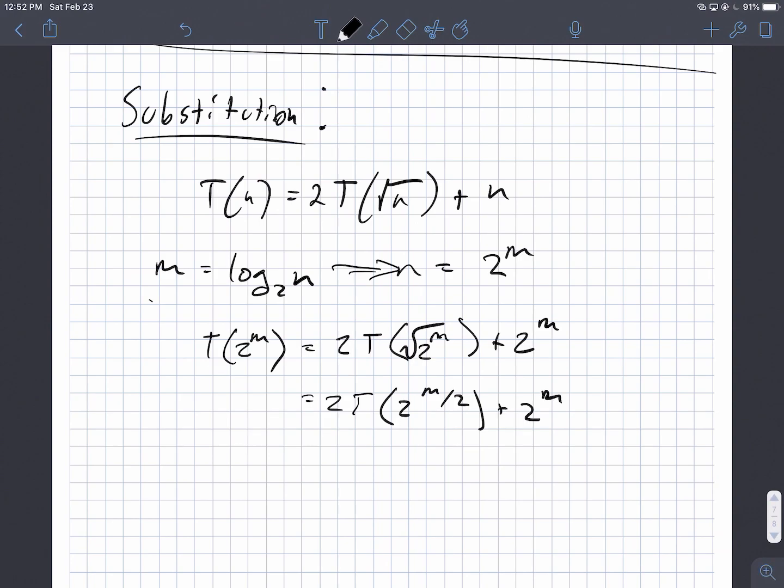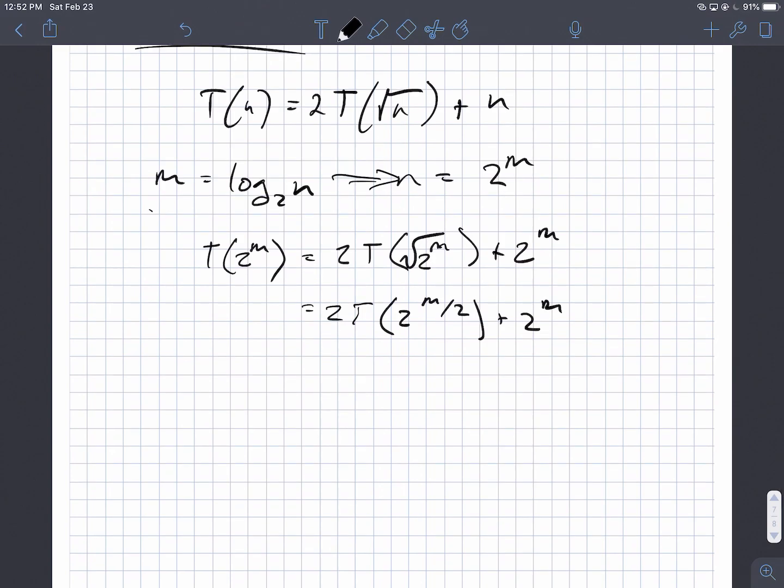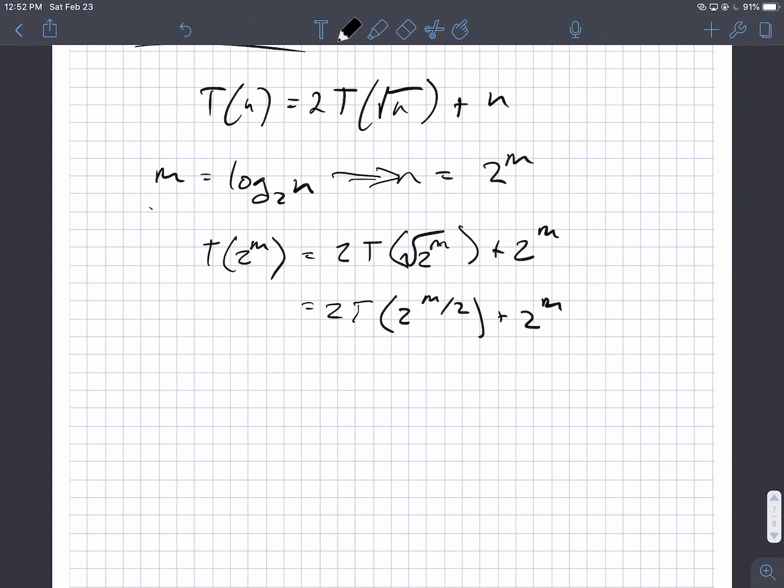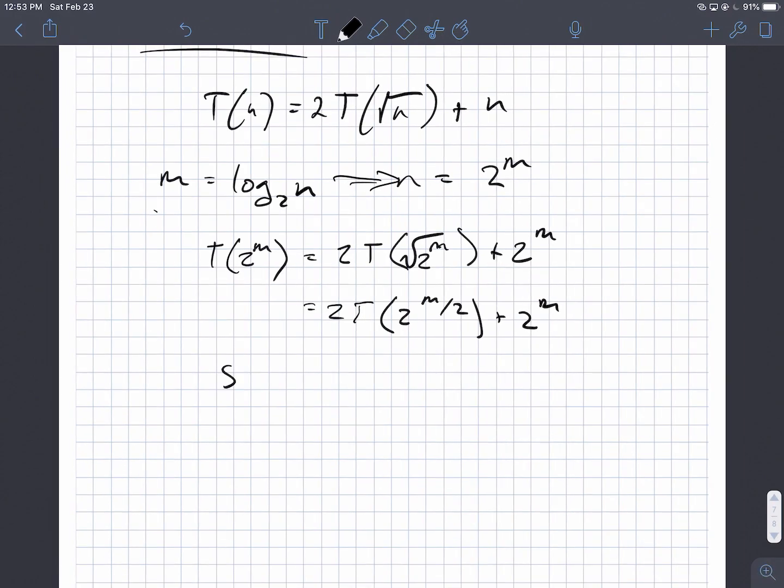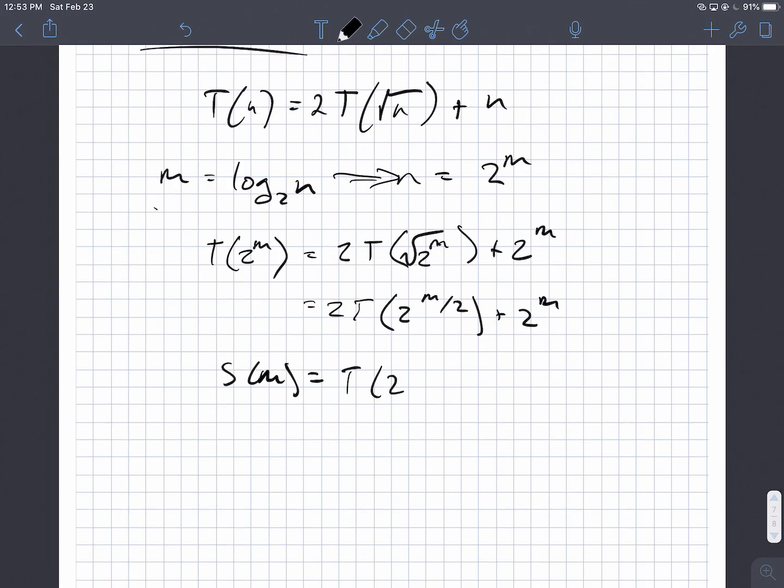So this is still ugly and a little bit hard to manage, and I want the form a times T of n over b plus f of n, so I can apply the master theorem to solve the problem. So I'm a clever student, and I say, let's find another function S of m that equals T of 2 to the m.